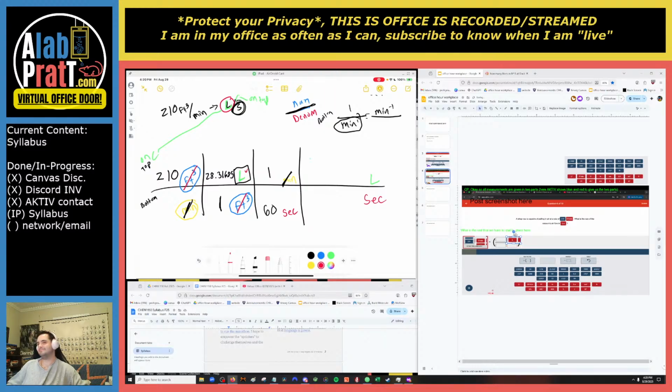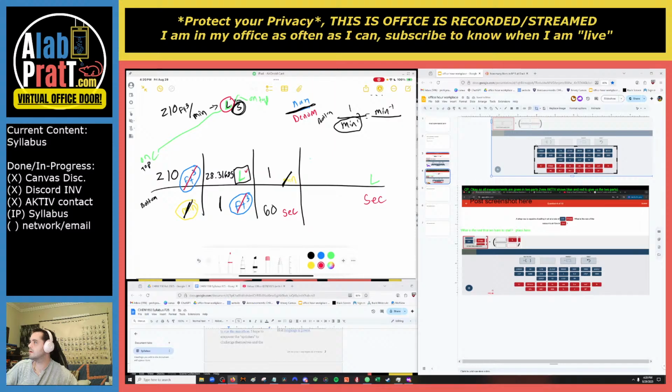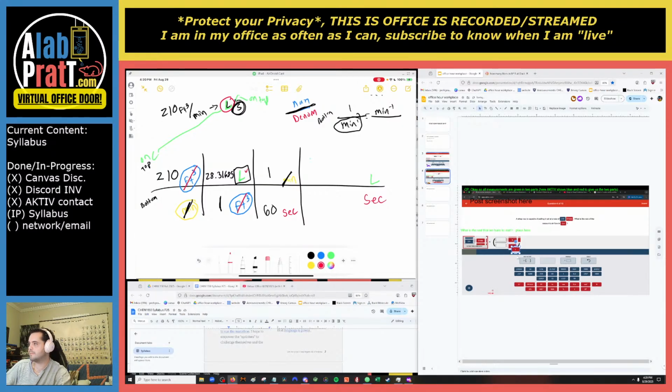Do I like this? I have a little bit of a disagreement with how Active is showing it, but I think what they want from us is to put the liter on top, put the second on bottom, and then the number that we put in.